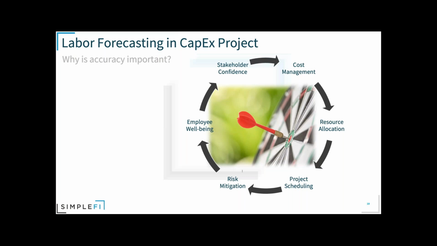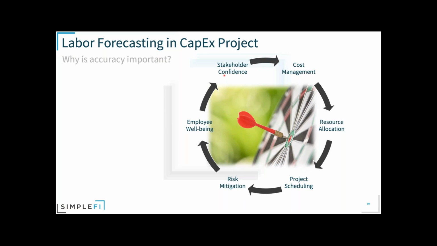It might seem obvious, like I said, but there are a lot of facets to this, including not only a cost management standpoint, but resource allocation, project scheduling, mitigating some of the risks that we would have with the project, and then looking at it from the softer side of the project, employee well-being, all those that are going to be involved in the process, and also the stakeholder confidence.